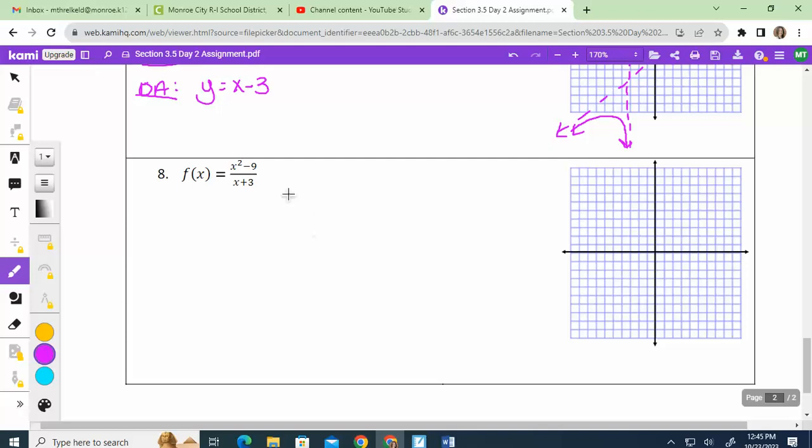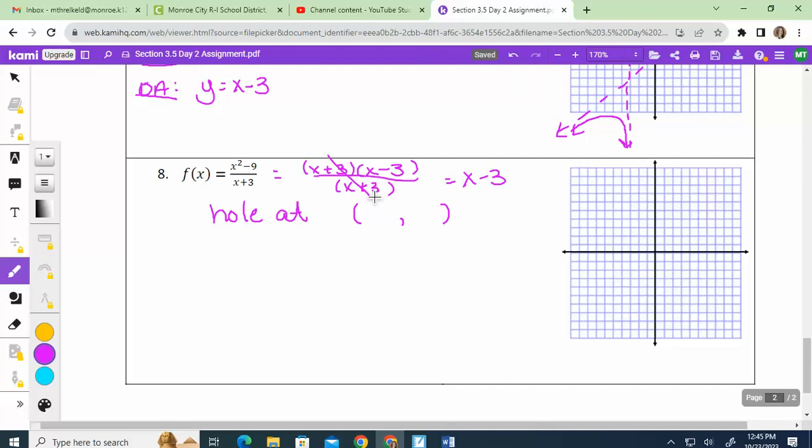So when you factor, you get x plus 3, x minus 3 over x plus 3. So what happens? So we have a hole. Okay, it's an ordered pair. The x value of that ordered pair comes from what cancels?